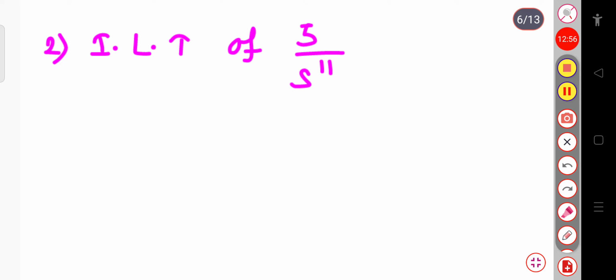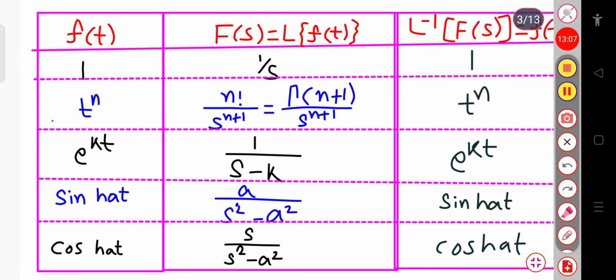Here there is only s power something, and in this part only some constant is present. Now if I check from this box, in this particular column, we are given some constant divided by s power something.